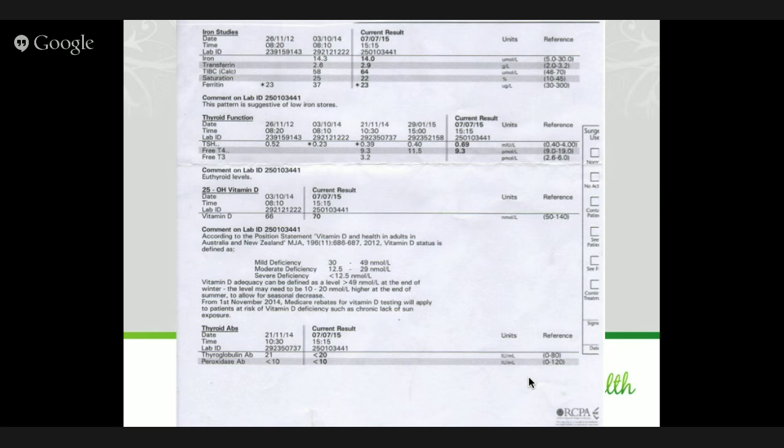Cool. And so the other thing about thyroid is that I've had quite a number of cases where doctors will test the TSH, but generally won't test the antibodies. And to find out why the TSH is out in the first place, you want to make sure that you're doing T3, T4, your thyroid antibodies, ideally reverse T3, but that's not generally done.